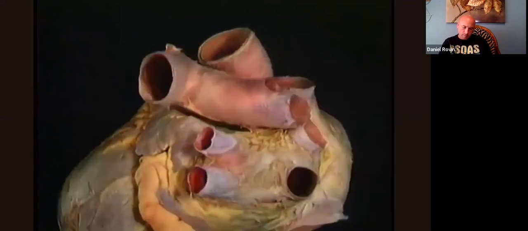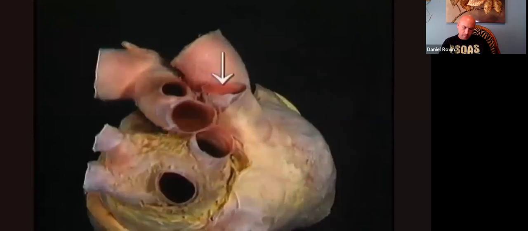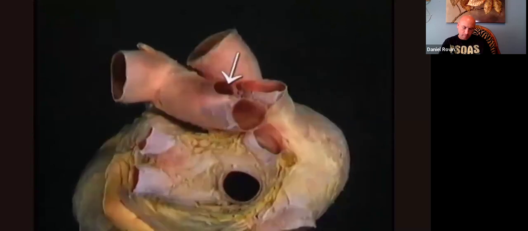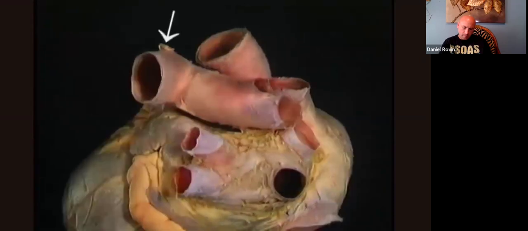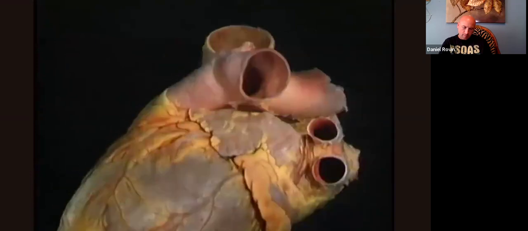The right pulmonary artery curves around above the left atrium, passing behind the root of the aorta and behind the superior vena cava. This early branch supplies the superior lobe of the right lung. This cord is the divided ligamentum arteriosum, the remnant of the ductus arteriosus, which connects the pulmonary trunk and the aorta in intrauterine life.